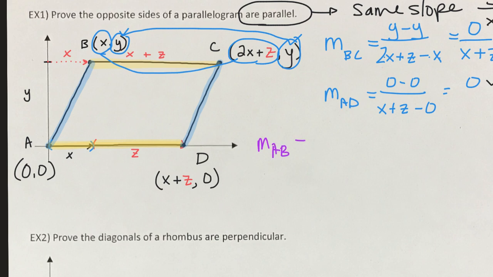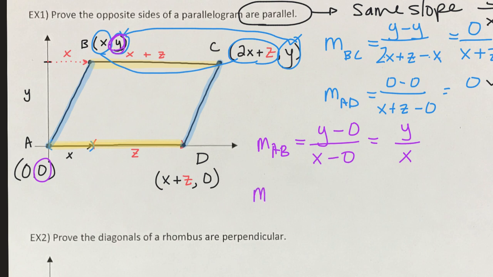Y minus 0, over x minus 0, is just y over x. So that's the slope of line AB, y over x.